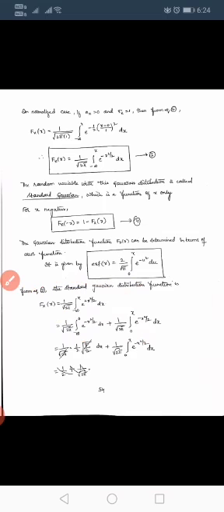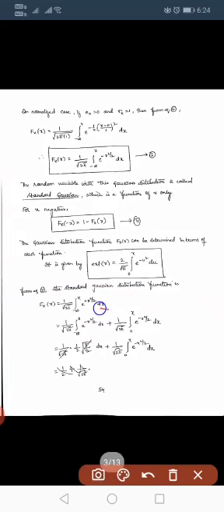From the integral properties of exponential signals, the integration of minus infinity to 0 of e power minus x square by 2 dx, we can write as 1 by 2 square root of pi by a. Suppose if it is e power minus a x square, it is root of pi by a. Here a is 1 by 2.